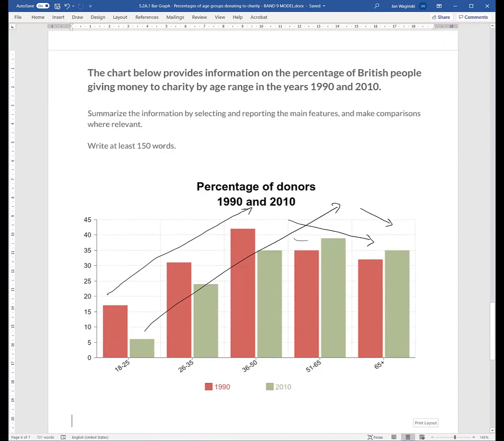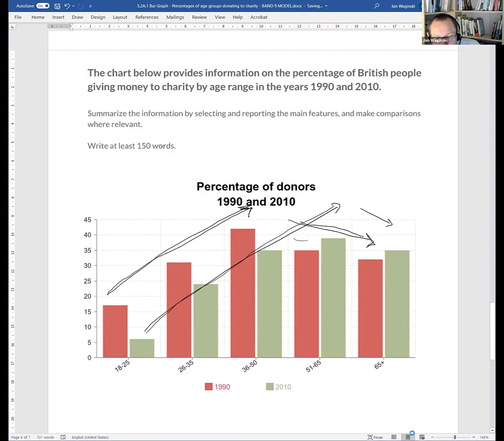Can you please repeat it? So the first pattern that you're going to describe is this one, right? And then it dropped for the 2 older groups, whereas in 2010, it went up consistently for the first 4 categories, and then it dropped for the last category.